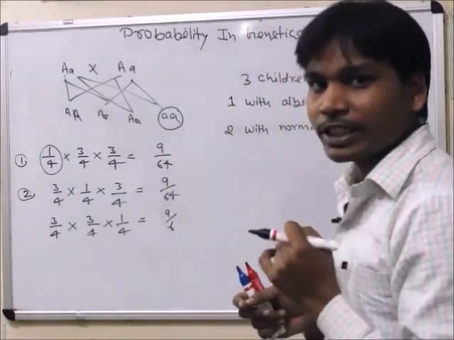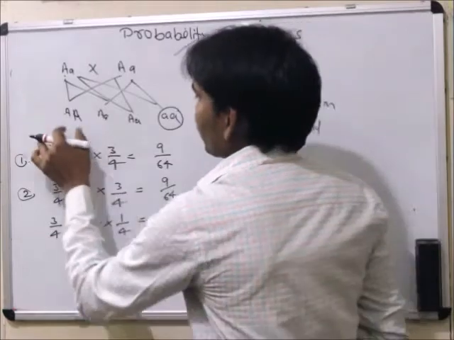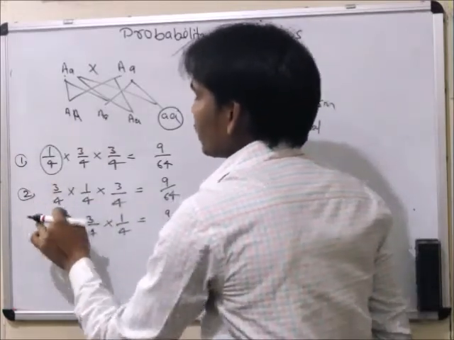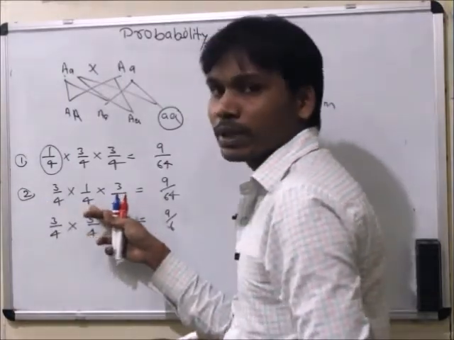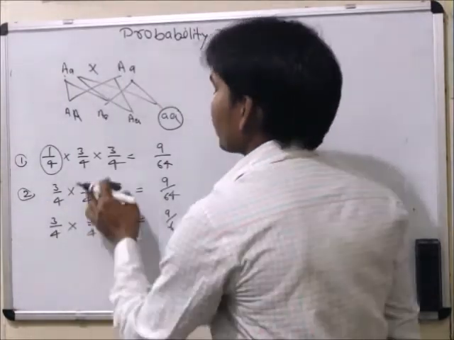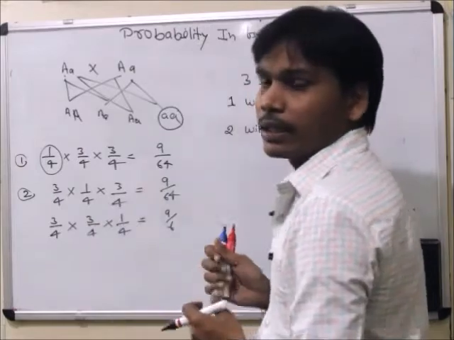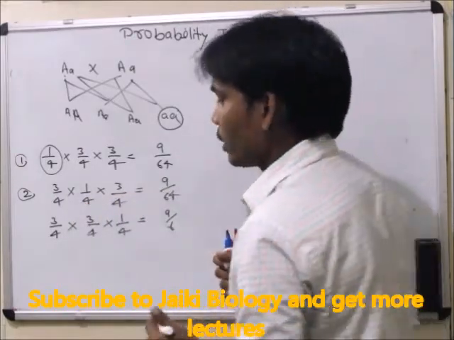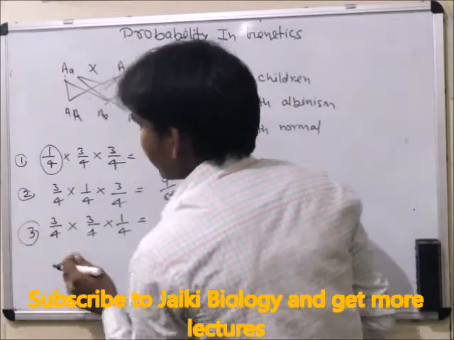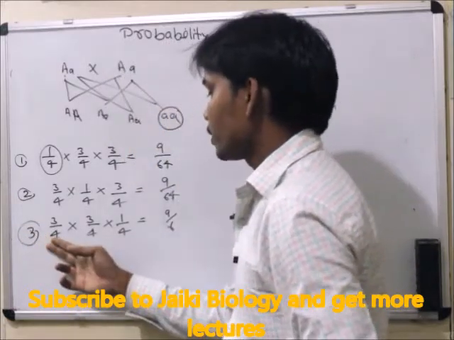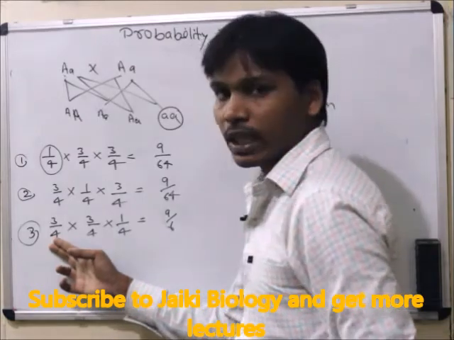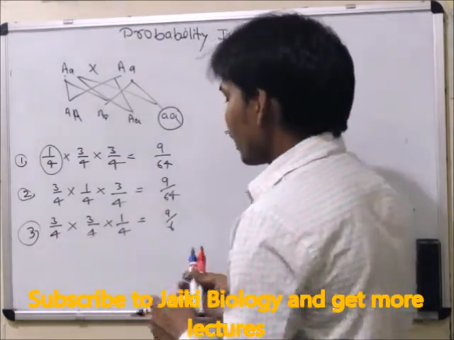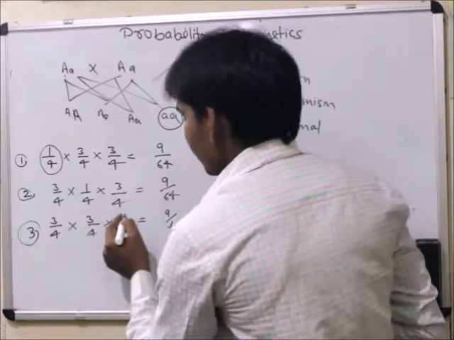In the second sequence, the first is 3 by 4 normal, the second is albinism, and the third is normal. In this sequence also the probability is 9 by 64. In the third sequence, the first is 3 by 4 normal, the second is normal, and the third is albinism.